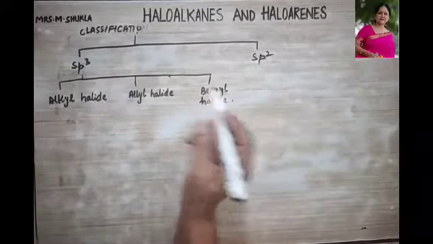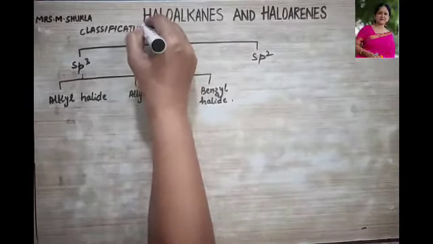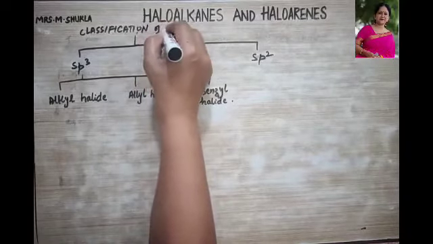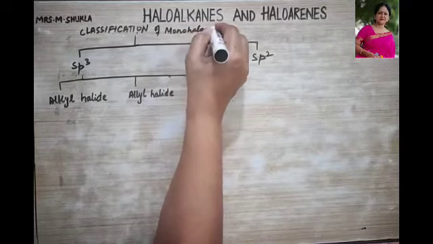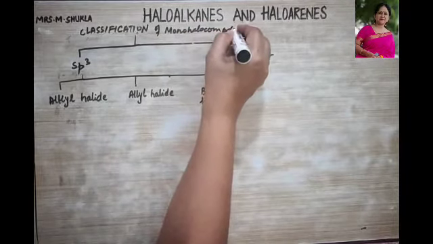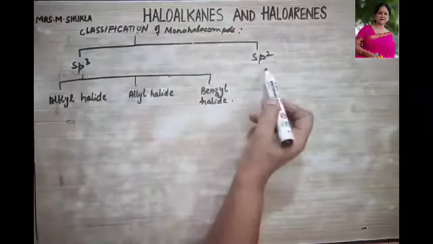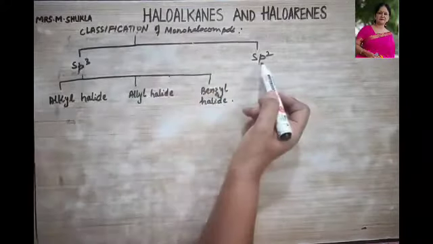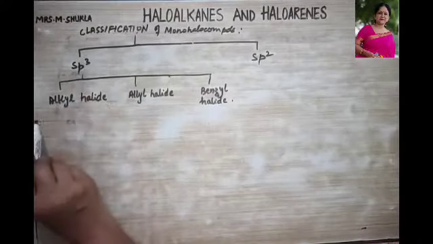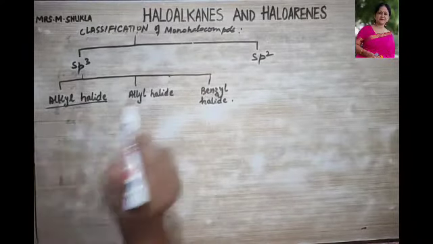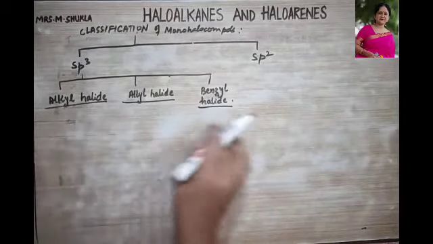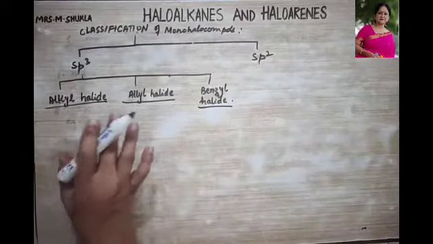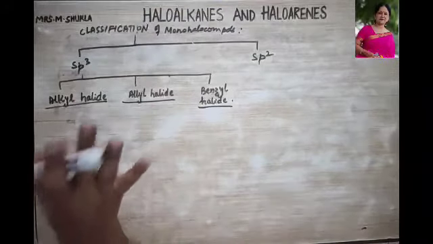So under the classification of monohalo compounds, they can be further classified into two: Sp3 and Sp2. Sp3 can be further classified as alkyl halide, allyl halide and benzyl halide. Let us understand all these three in a more proper manner.